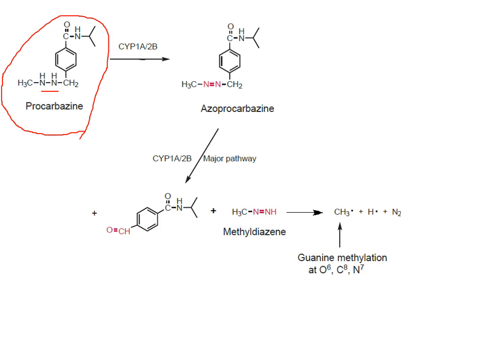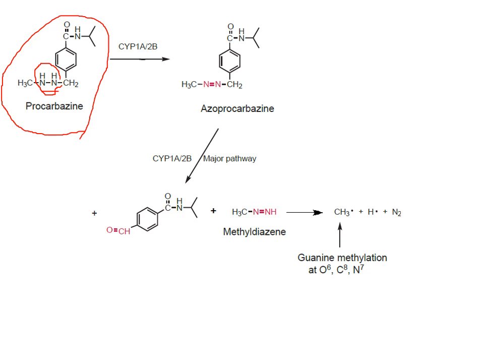Okay, and so the procarbazine is a compound that has a hydrazine functional group, as I mentioned. The hydrazine is nitrogen single-bonded to nitrogen. This functional group is called hydrazine. Okay, so procarbazine needs to be activated by cytochrome P450 first to do its activity.